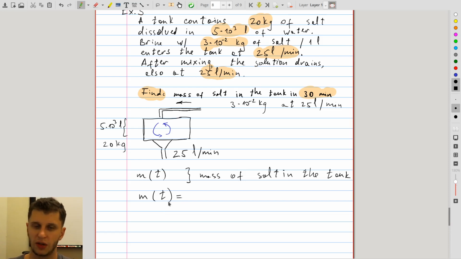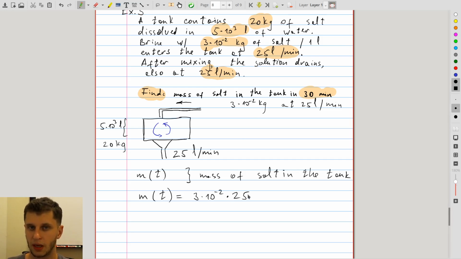First of all, you have the influx of brine. What does that bring? Well, that brings us 30 grams per liter at 25 liters per minute. So every minute we get this mass per liter times this many liters per minute.